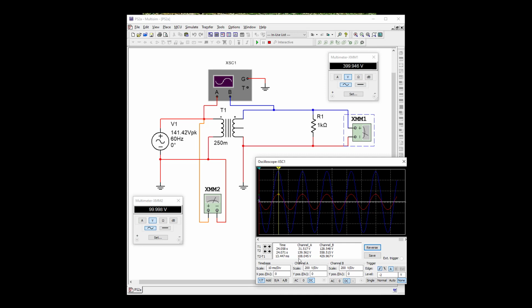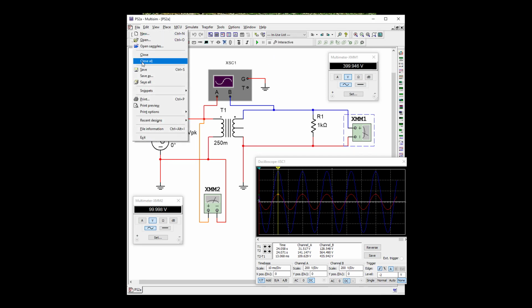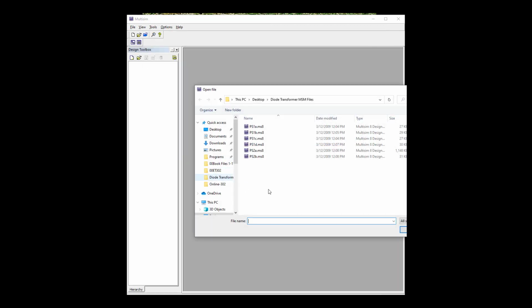So we have an increase of 4, and we can see that our peak to peak is much higher than our RMS. Okay, so let's shut down this simulation and open up our last file.